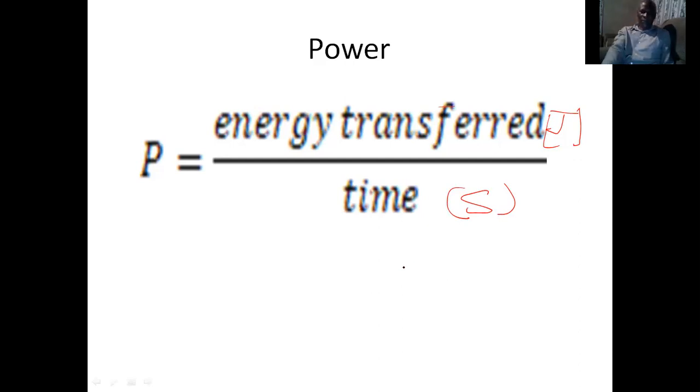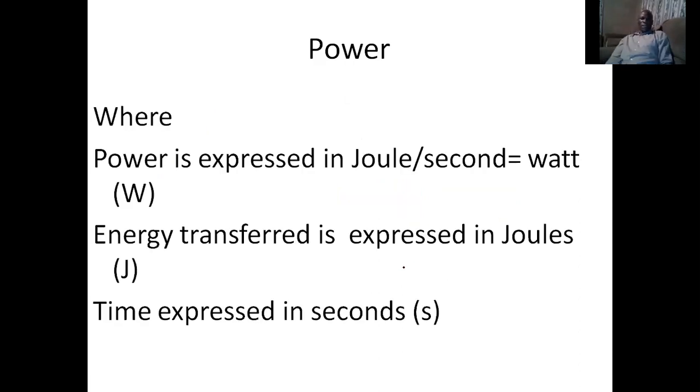Similarly, the power will be expressed in joules per second or watts, the energy transferred will be expressed in joules, which is capital J, and the time will be expressed in seconds.